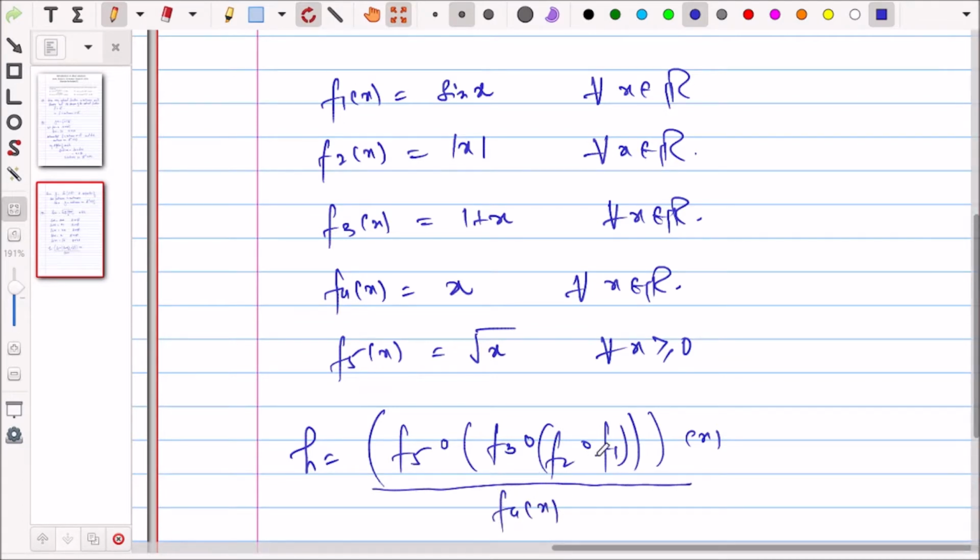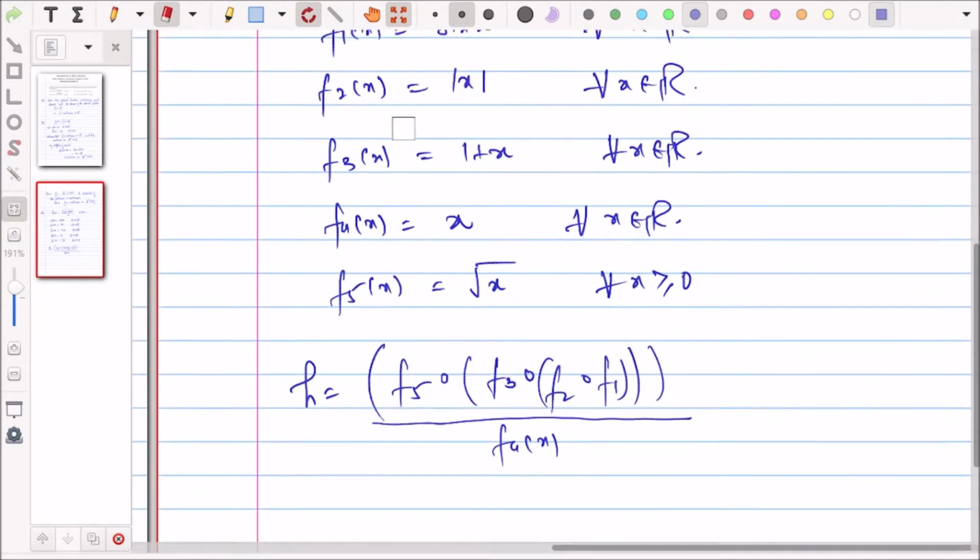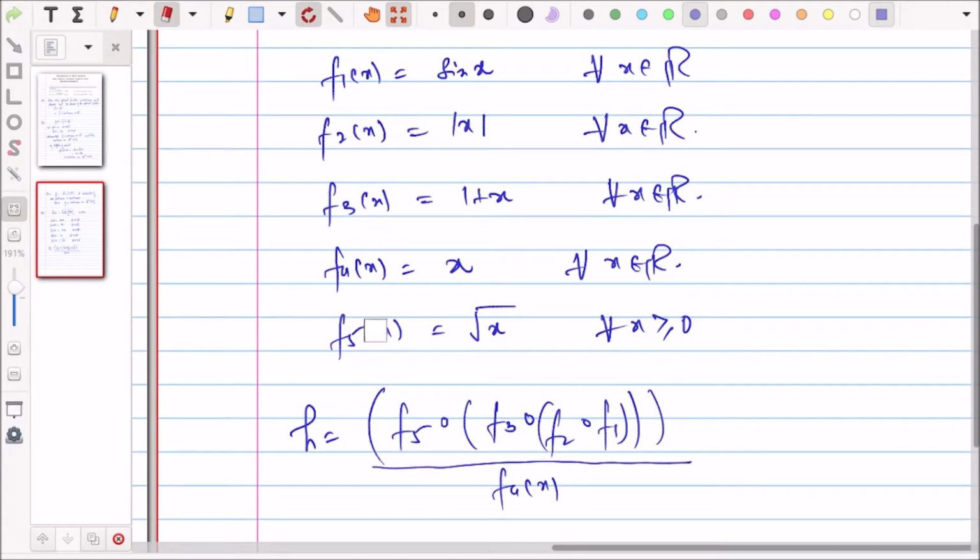Now we have to discuss the continuity of these functions, and we know that f1 to f4 are all continuous for every x in R.